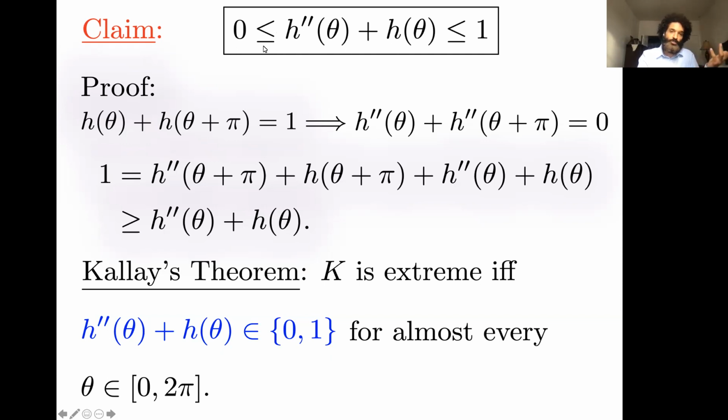I mean, the radius of curvature is going to be non-negative. It's hard to imagine it being negative. For these support functions, I always have this lower bound that it is bigger or equal to 0. And then I had this constant width condition, h(theta) plus h(theta plus pi) is 1. I could differentiate that twice, and I get this, just pretty easily.